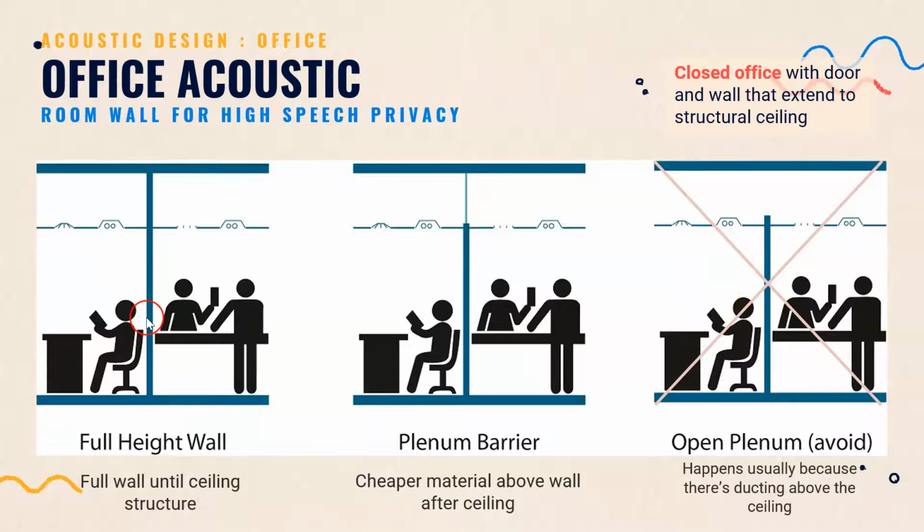So the wall must be built until the structural ceiling. Other than extending the wall to the structural ceiling, the other method is to use a cheaper material above the wall after the suspended ceiling.